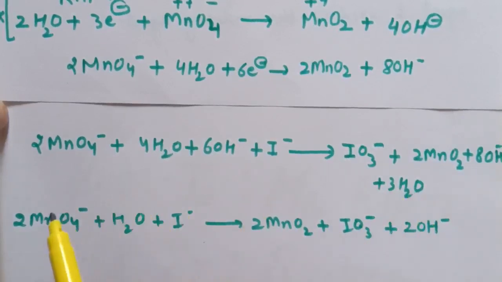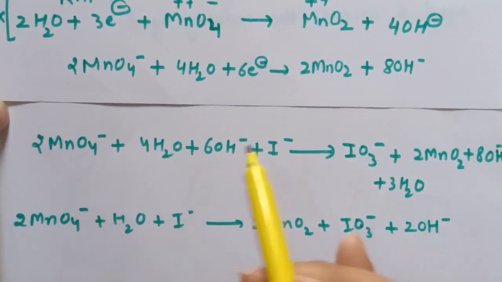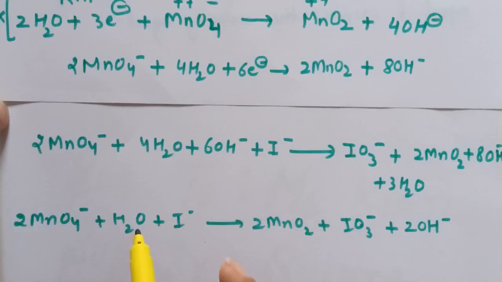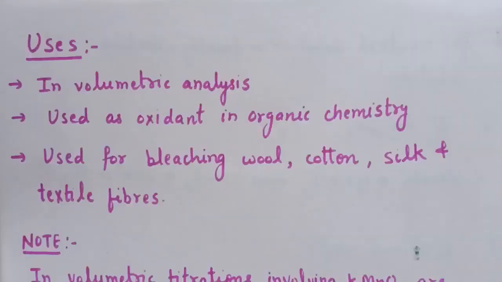So the final equation will become 2 MnO4 negative plus, here we have 4 H2O minus 3 H2O, so only one H2O molecule is left, plus I negative, and on the right hand side 2 MnO2 plus IO3 negative plus 2 OH negative. So this is how we balance a redox reaction in basic medium.